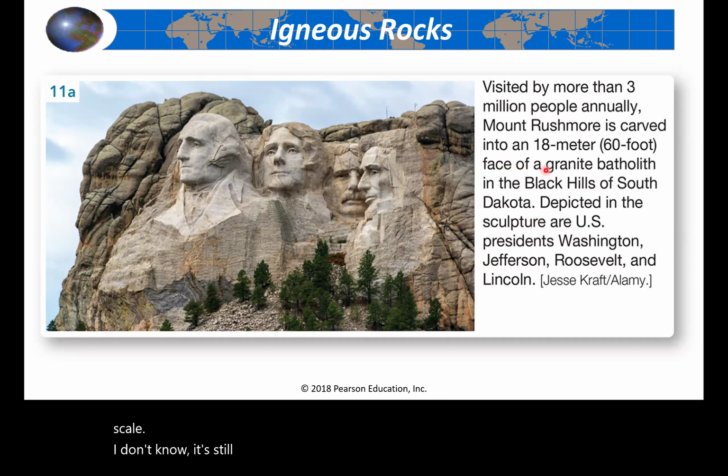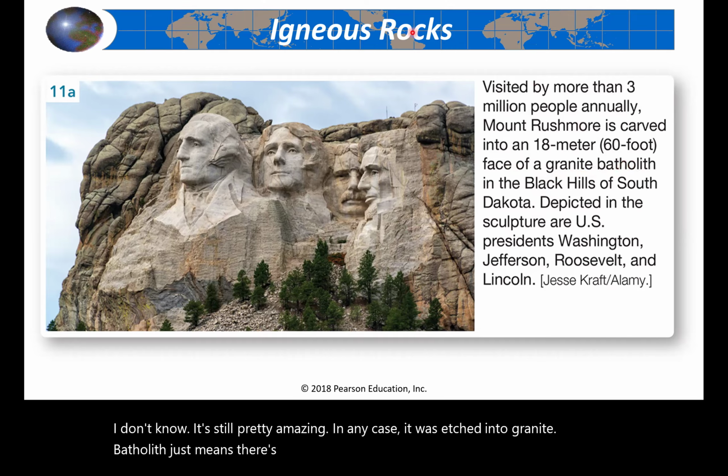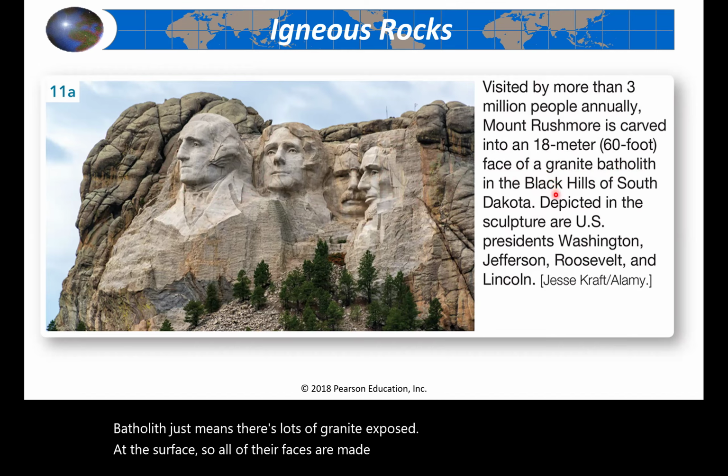In any case, it was etched into granite. Batholith just means there's lots of granite exposed at the surface. So all of their faces are made of granite. That's the US presidents Washington, Jefferson, Roosevelt, and Lincoln.